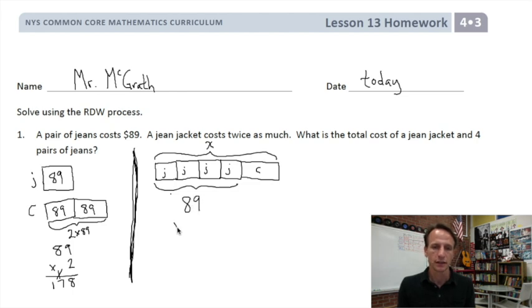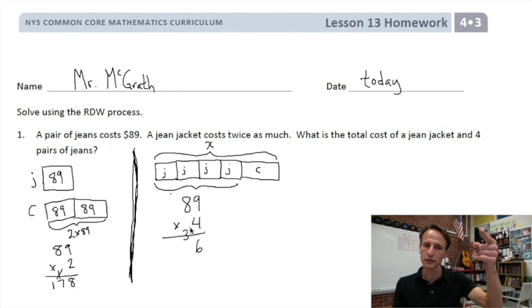Standard algorithm again: 4 times 9 is 36. We'll place the 6, regroup the 3 in the tens place. 4 times 8 is 32. Cross that with me. 32 plus 3 is 35. So $356 for 4 pairs of jeans.